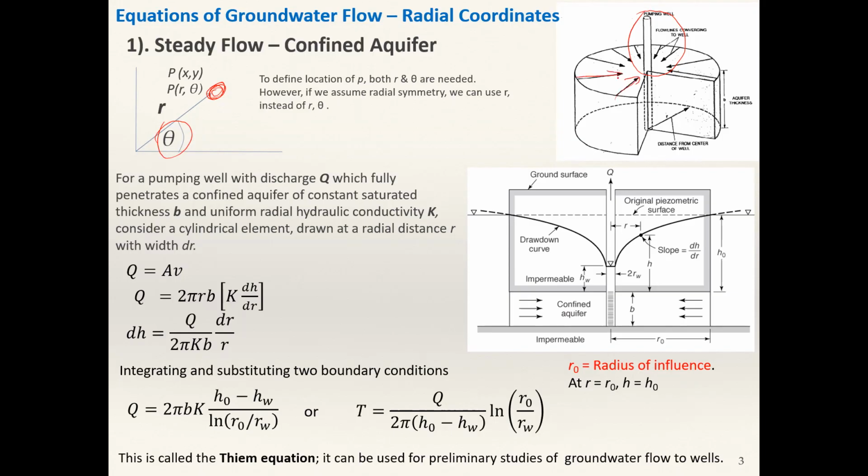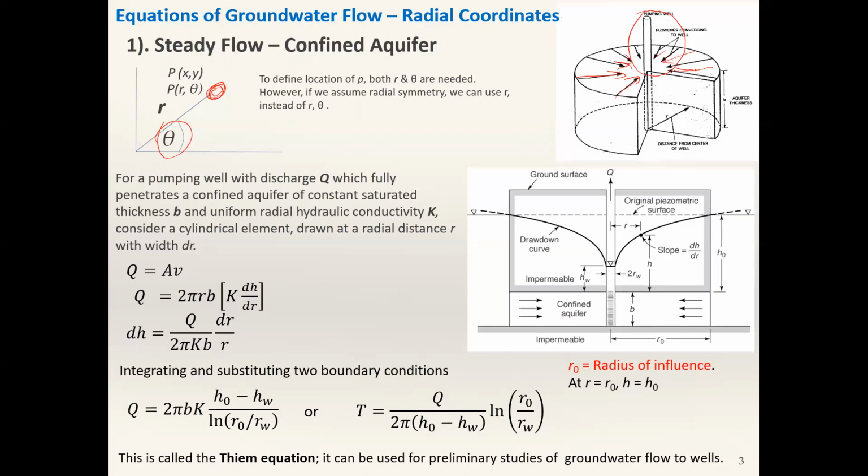The water starts coming into the pumping well from all directions, right? So we can consider this case as a symmetric case. In that case, we can use this radial coordinate system to simulate this groundwater flow field. That is the basic idea.